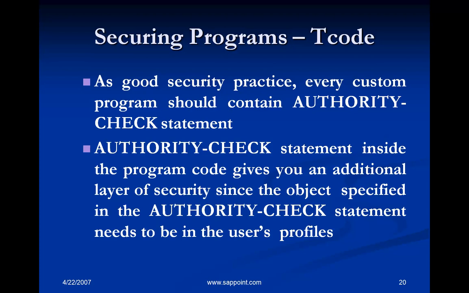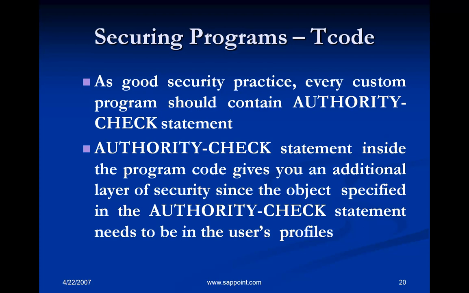So whatever object you consider for the authority check, that object has to be part of the user's access. If the user does not have that object in his role or profile, the program would still fail, even though he or she has access to the transaction code.